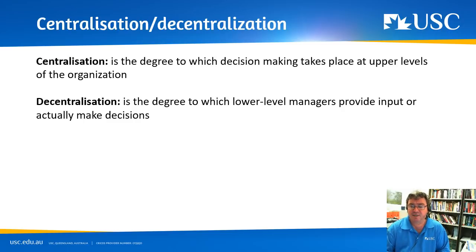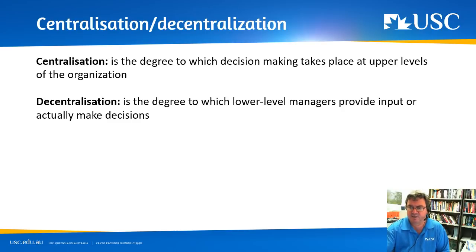There'd still be policy to govern those decisions, but it would be expected that managers in New South Wales might have a different need or different set of environmental circumstances that required them to do things a bit differently than, say, up in Queensland.